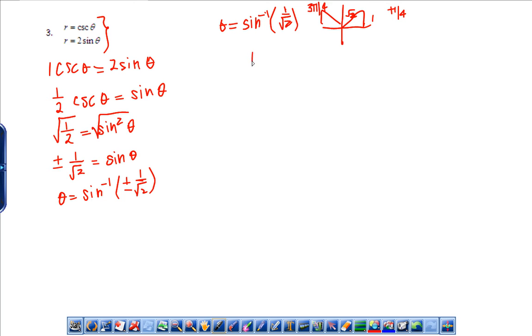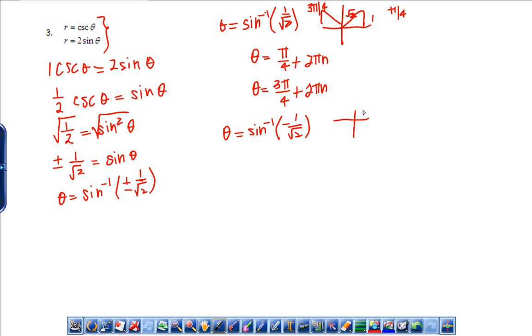So my two general solutions are going to be theta equals pi over 4 plus 2 pi n, and theta equals 3 pi over 4 plus 2 pi n, and those are my general solutions. Then if I set up my negative angle, so theta equals arc sine of negative 1 over root 2. And I'm going to do my two negative angles, so where is sine negative, and sine is negative here.